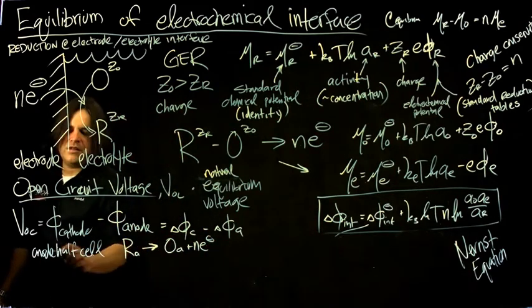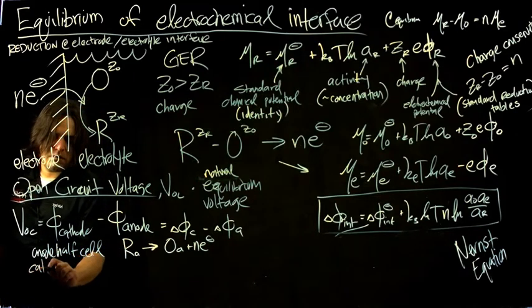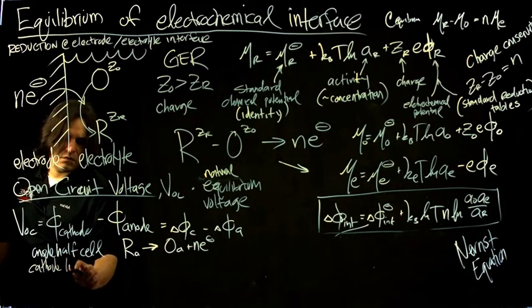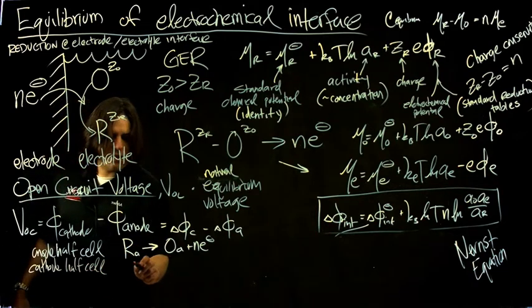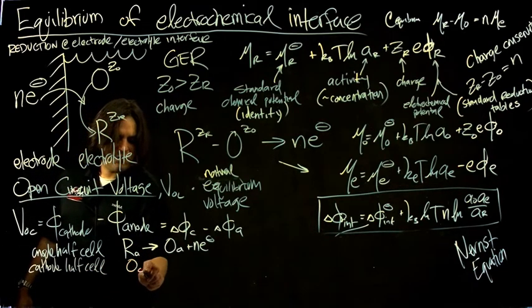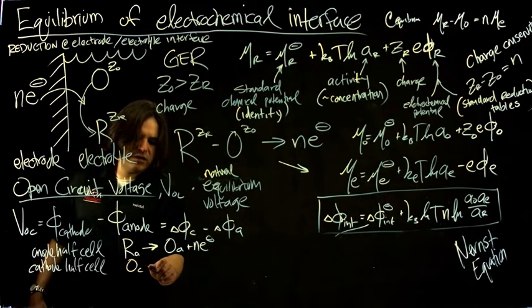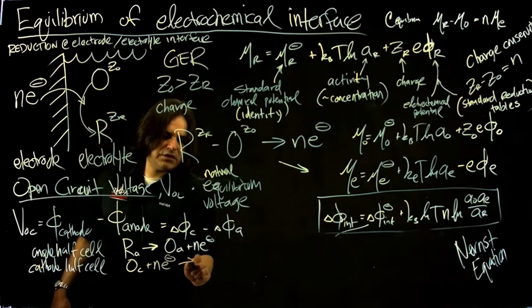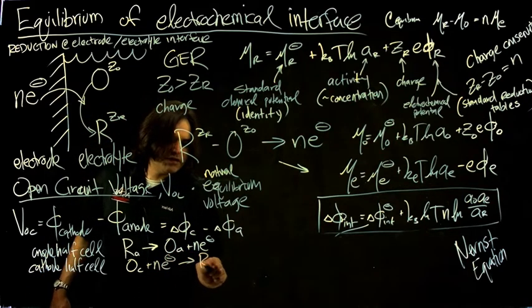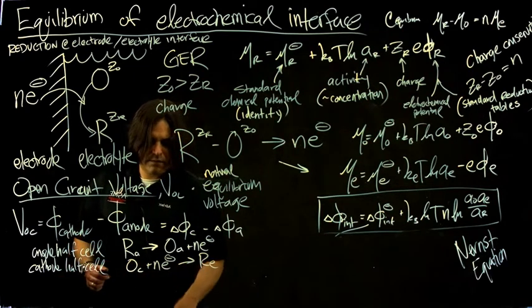And then the cathode half cell would be that there's some O species at the cathode plus some electrons forms this reduced species at the cathode.